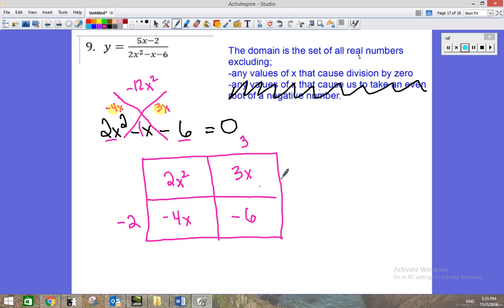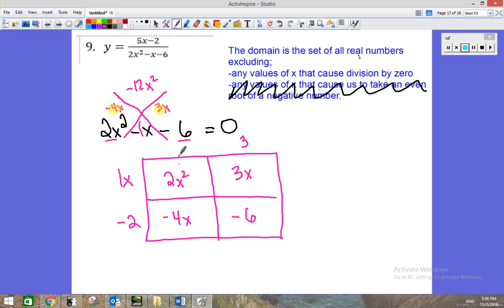Looking horizontally, 2 and 3 are relatively prime. Only the number 1 divides both of those, but they both have an x. So we'd say the greatest common factor is x, or if you want to write 1x, that's fine.